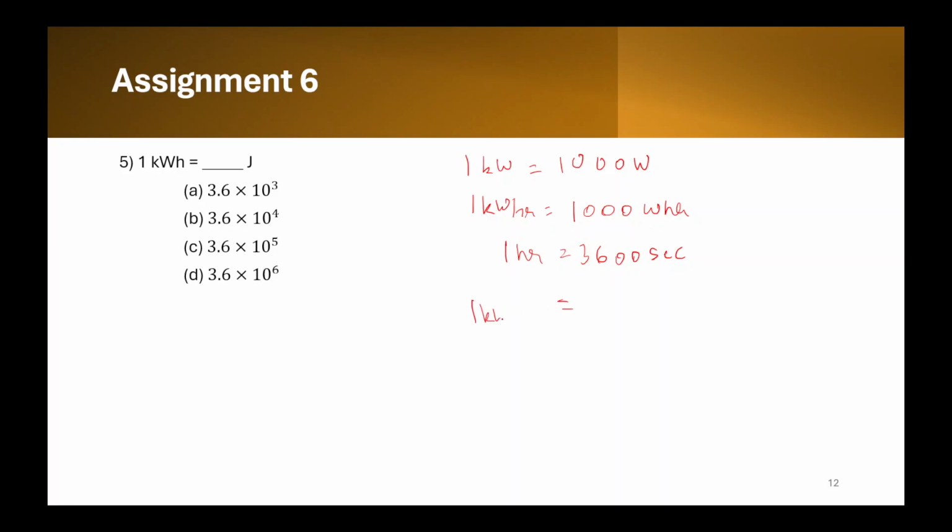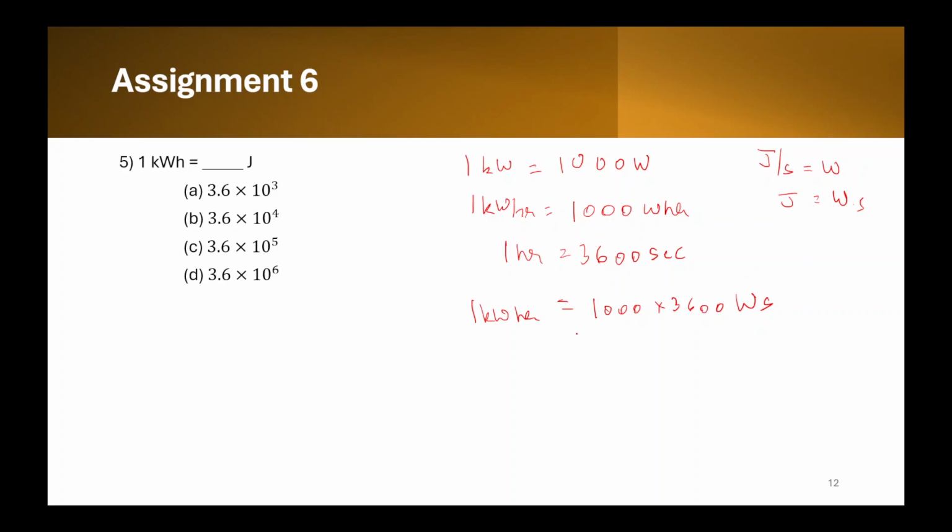So 1 kilowatt hour is equal to 1000 into 3600 watt seconds. We know joule per second is watt. So joule will be watt seconds.